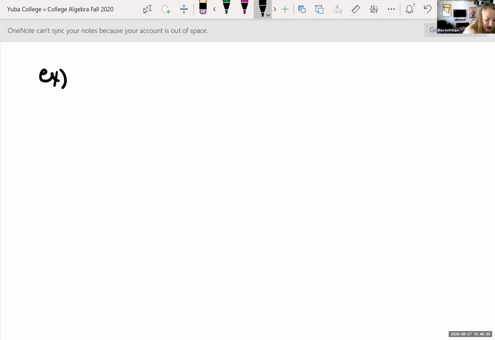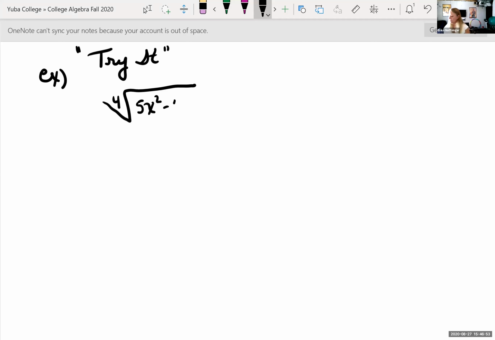Okay, so this is a try it. You guys are going to try the problem. You have a 4th root, and underneath that 4th root, you have 5x squared minus 6.